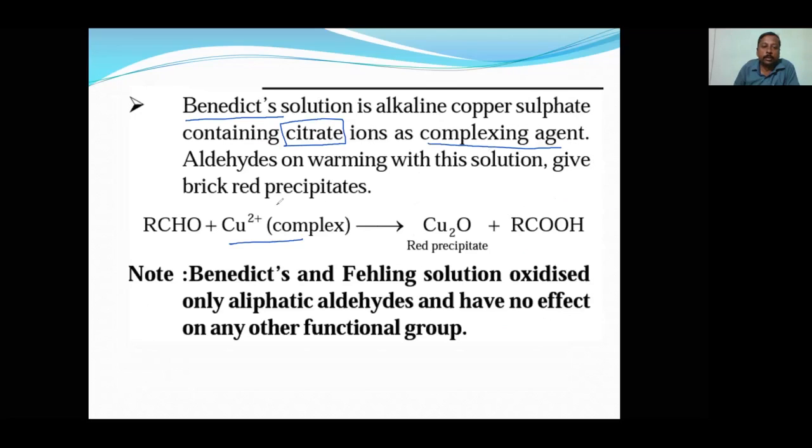So this is the complex and red precipitate. Here also red precipitate is formed. Benedict and Fehling solution oxidize only aliphatic, no effect on aromatic. So if you feel that aromatic is there, then there is no use.